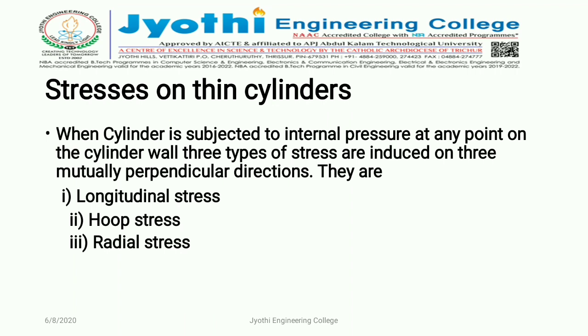These three types of stresses are induced in three mutually perpendicular directions. They are longitudinal stress, hoop stress, and radial stress. Now we are going to look in detail at these stresses.